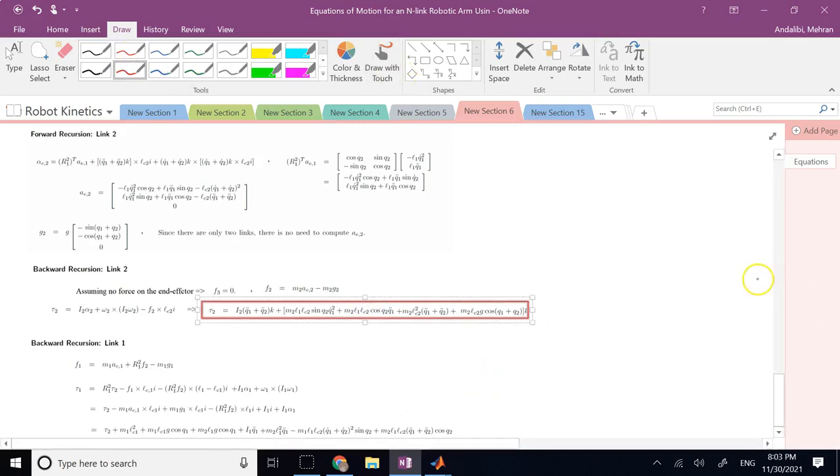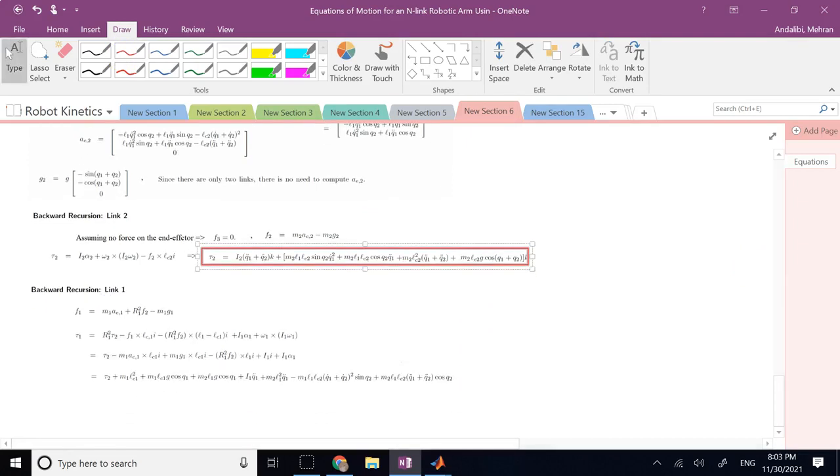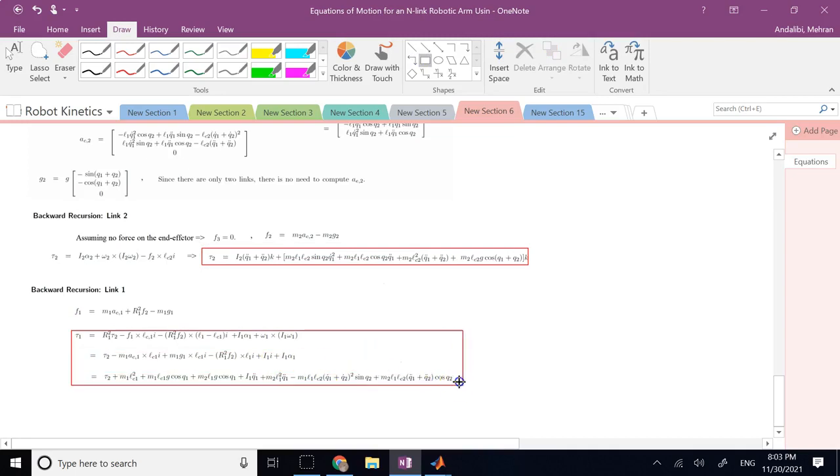The same thing goes for this bottom equation here. Again, if you look at the last line, you clearly see you have both q1 double dot and q2 double dot.